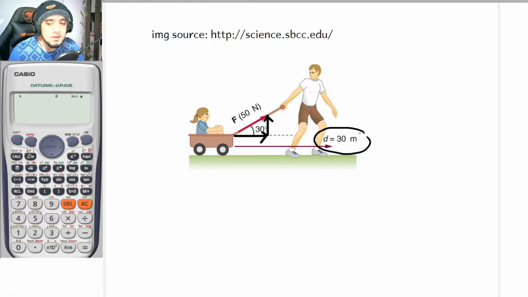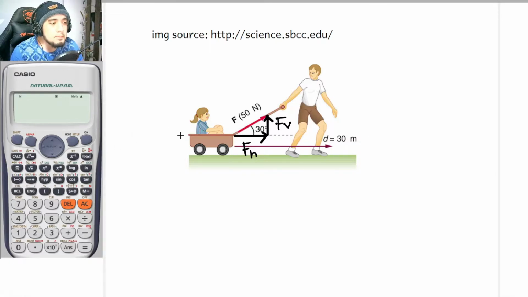Our displacement here is acting horizontally, so let's say this is our horizontal component of F, and this is the vertical component of F. It means that we will just be multiplying the displacement by the horizontal component, because once again, it is horizontal.